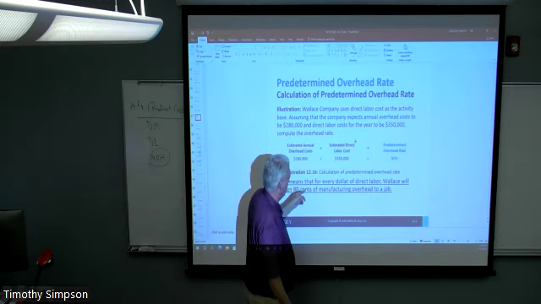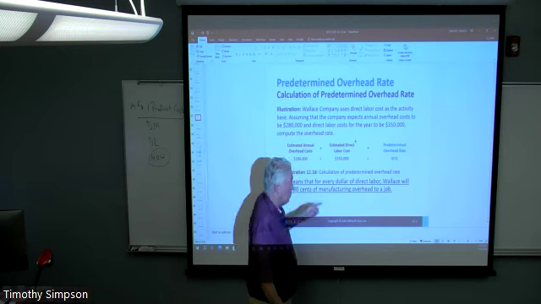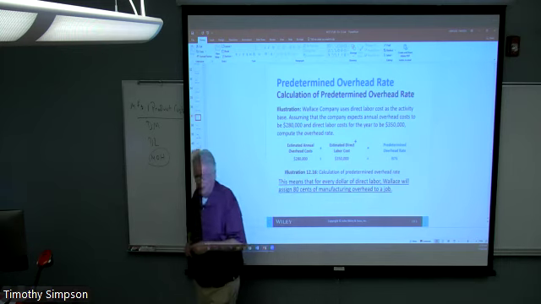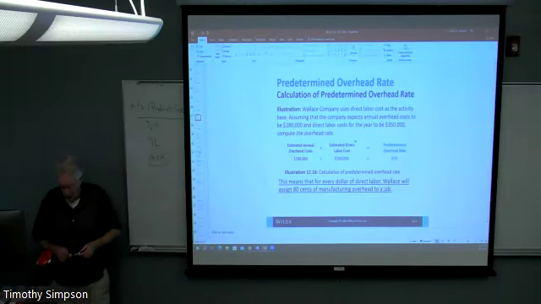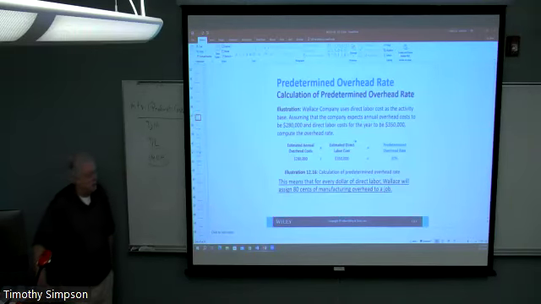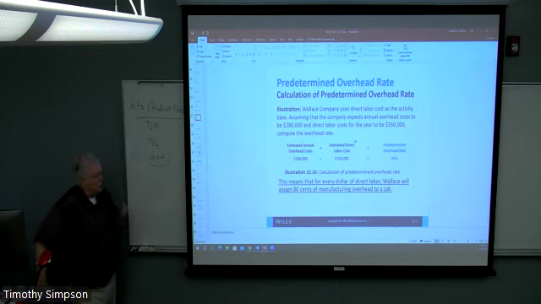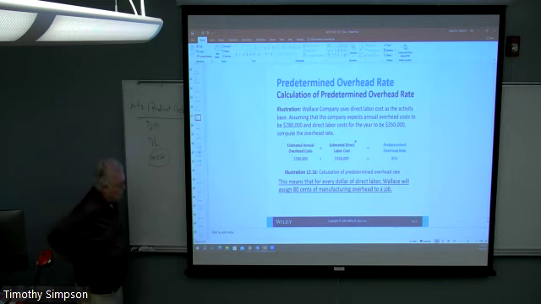So for every dollar of direct labor, we're going to assign 80 cents to overhead for that particular job. Okay. And one of the criteria for choosing an activity base or a driver is that it's got to be fairly easily measurable. It can't be based upon something that's random or difficult to measure or something that has no relationship at all.